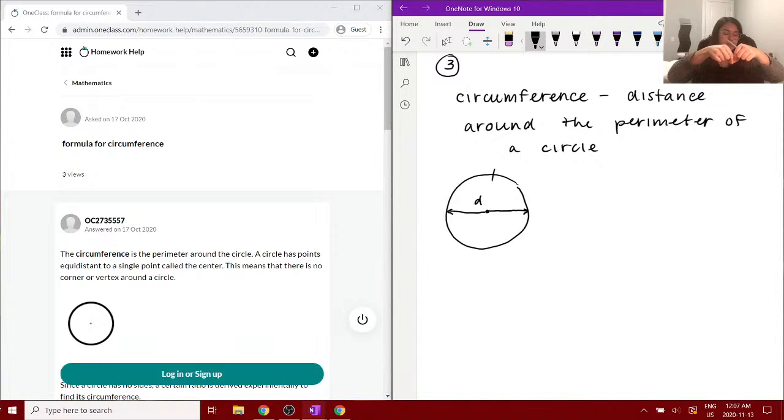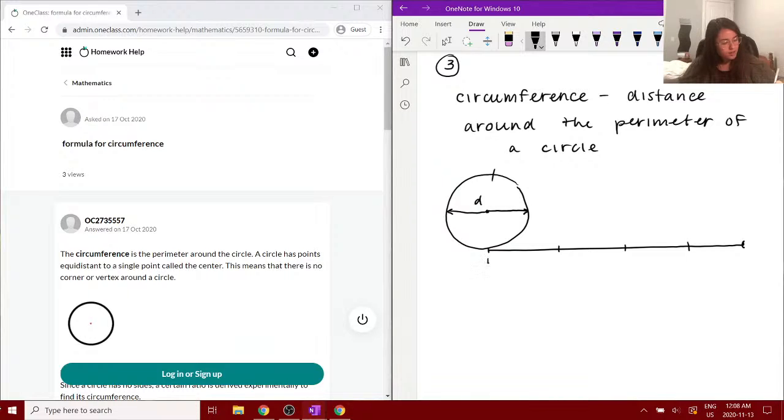We wanted to figure out the circumference of the circle, and we cut the string and unrolled it so that it was a straight line, like this. We would be able to see that this circumference is equal to 3 and a bit times the diameter, right?